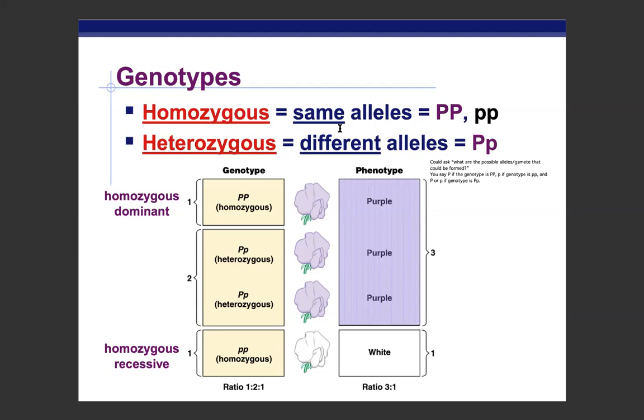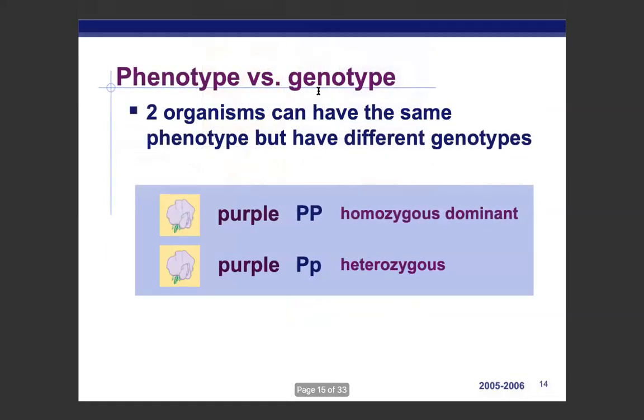For heterozygous, it has different alleles, and we know that for heterozygous, there's only one possible way of being heterozygous, and it will always display the dominant trait. So two organisms can have the same phenotype but different genotypes. That would be homozygous dominant and heterozygous, where you can see they're both purple flowers, but one has capital P capital P, one has capital P lowercase p.